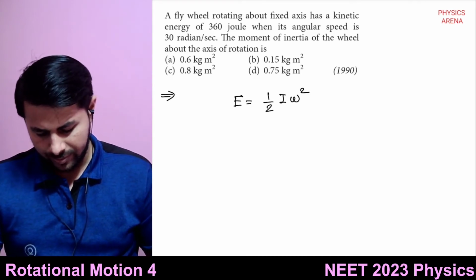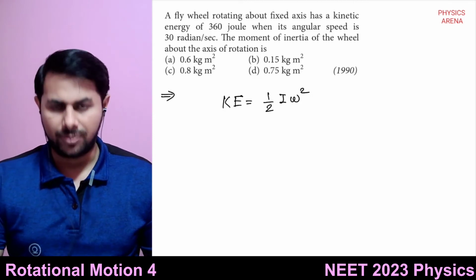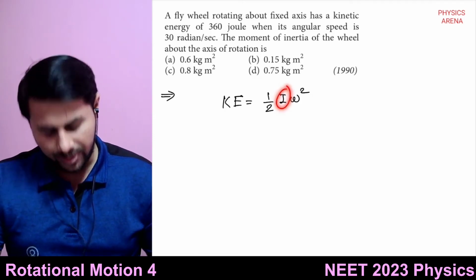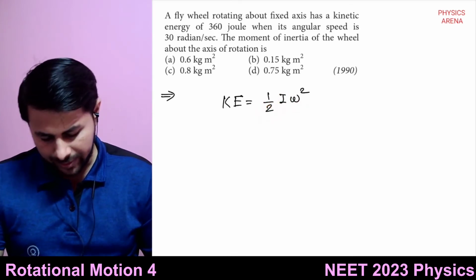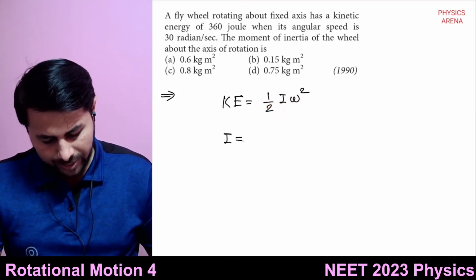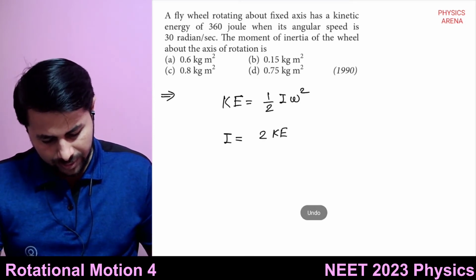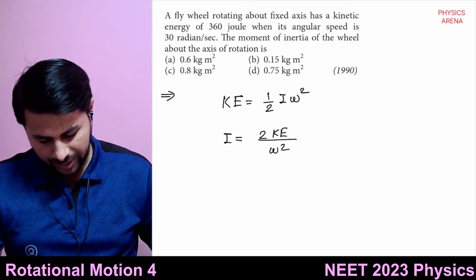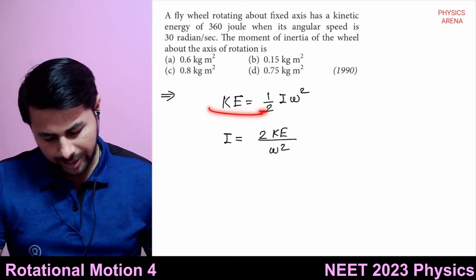Let's call it K. And you want to find out I. So move that 2 and omega square on the other side. So I will be equal to 2 times kinetic energy divided by omega square. This will go in denominator and this will go to the numerator.